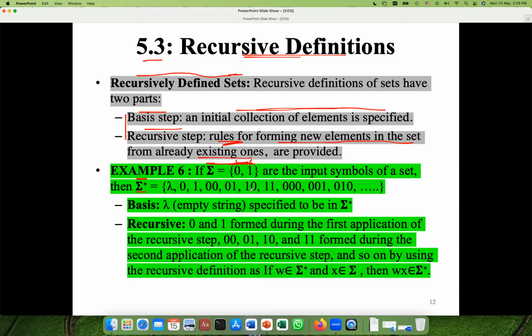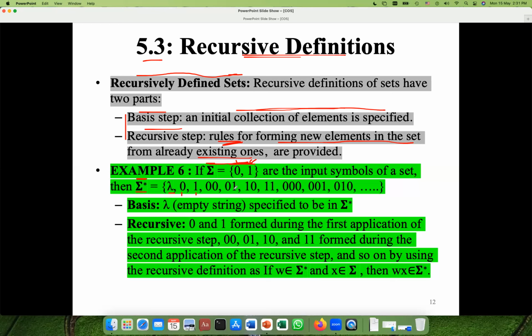So now you will understand. If sigma is 0, 1, the input symbols of a set, so this is a set and these are the input symbols, then sigma star would be lambda. Lambda is an empty string, okay? 0 separately can also be a word. 1 separately can also be a word.